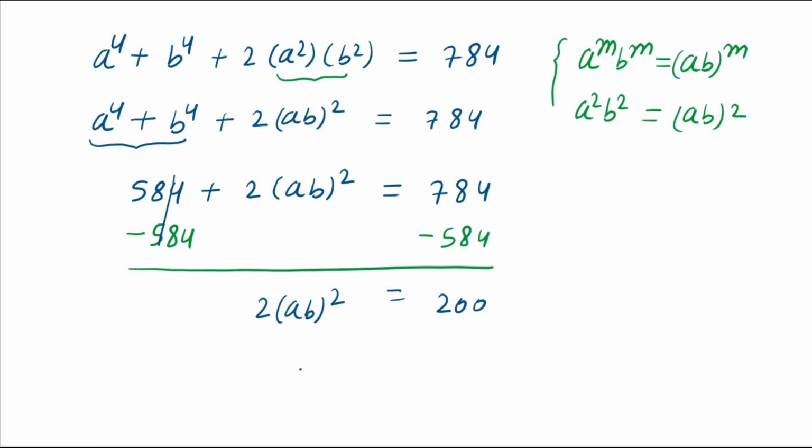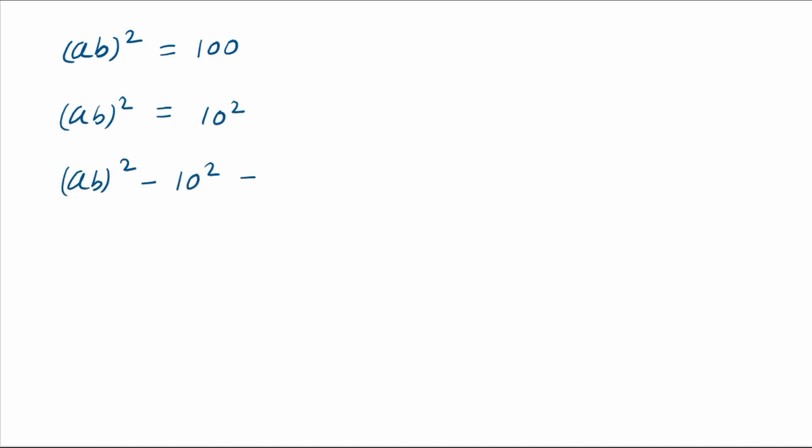Now divide both sides by 2, then the value of (ab) square equals 100. (ab) whole square equals 100, which is 10 square. If we take all the expressions on the same side, (ab) whole square minus 10 square equals 0.